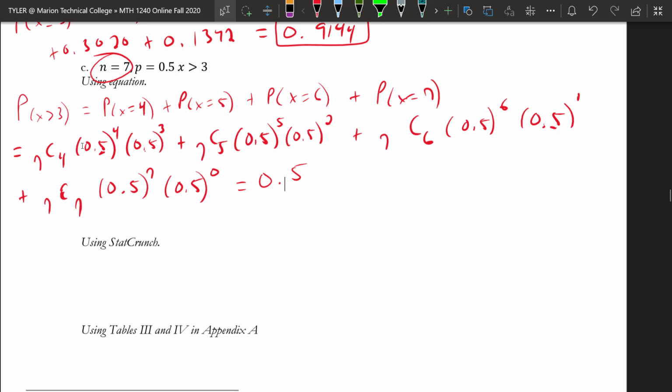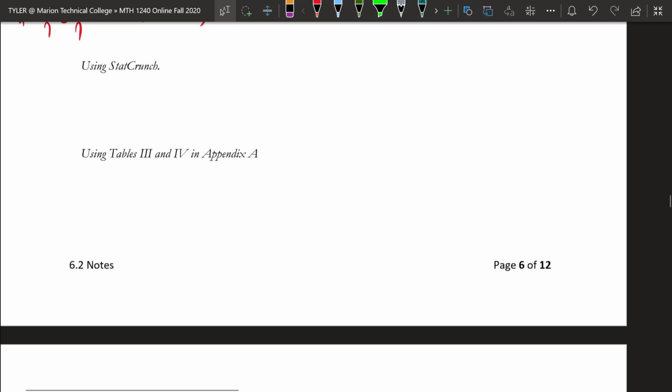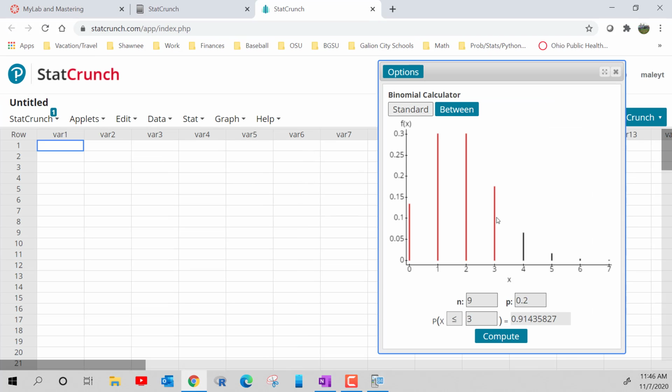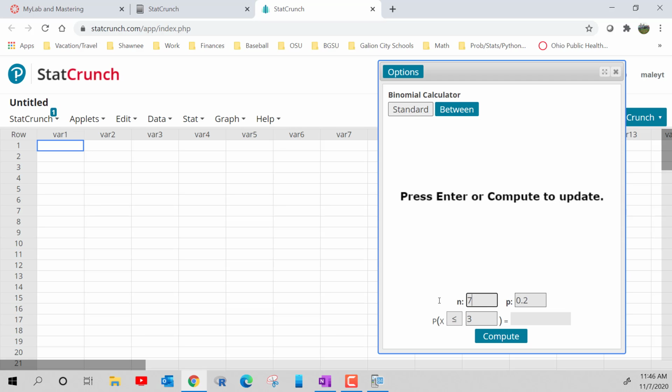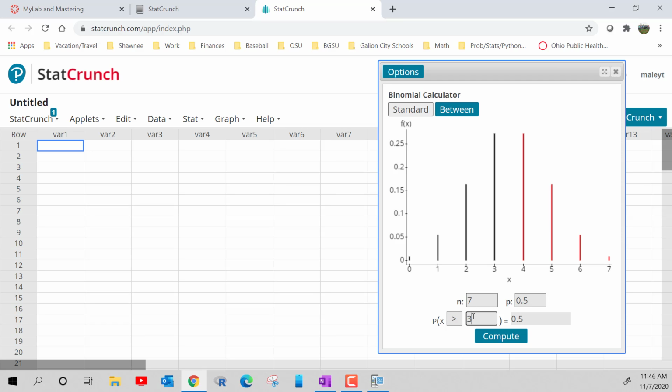So we can double check this calculation using StatCrunch. So my n value is 7, my p-value is 0.5, and I'm finding x greater than 3.